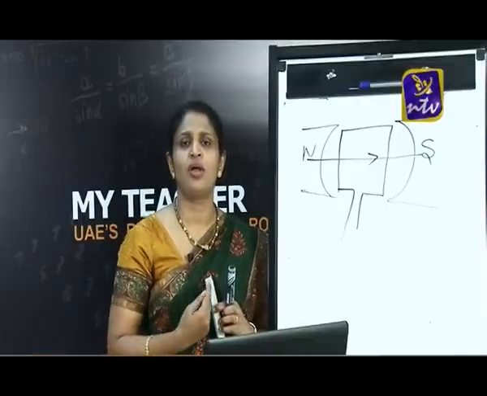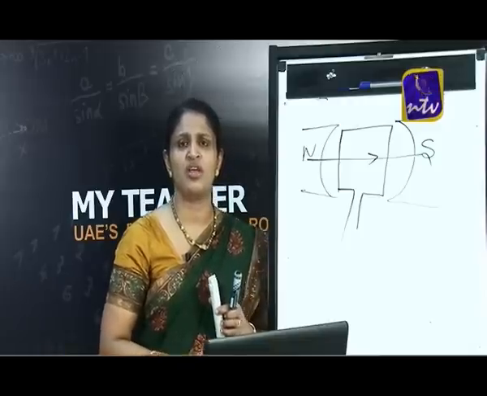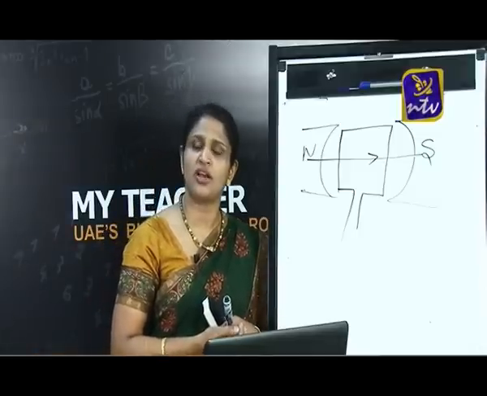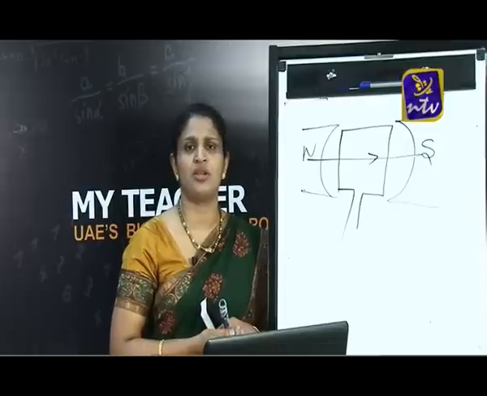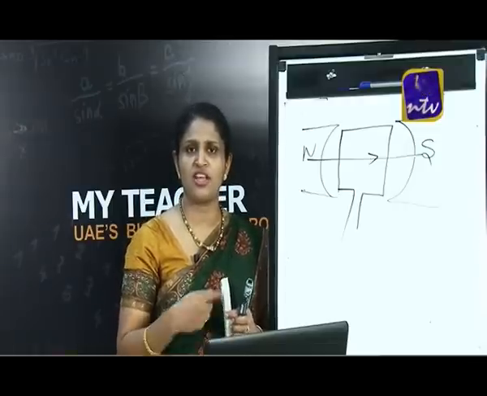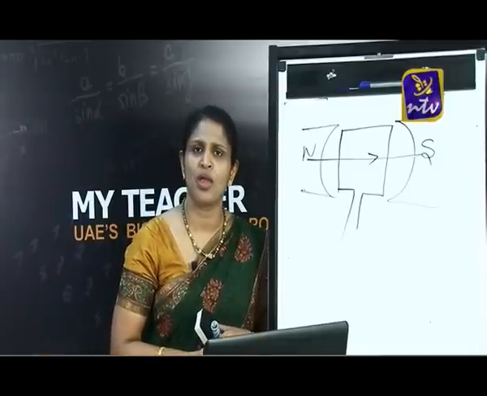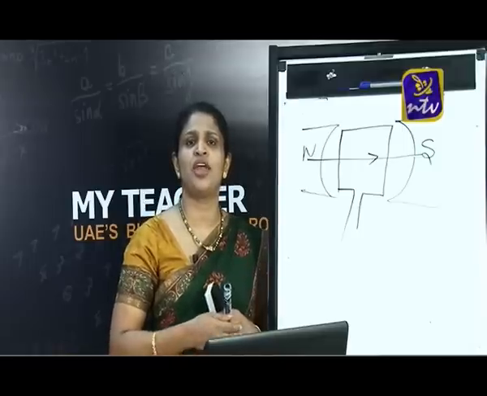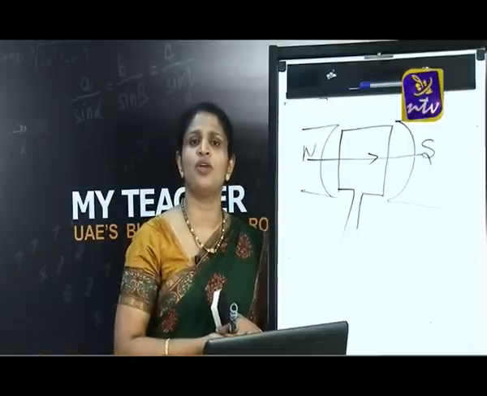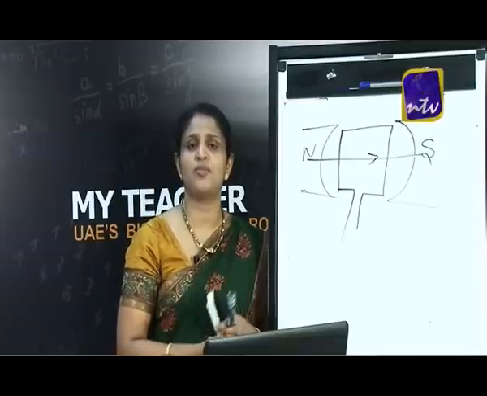This method of inducing current inside a coil by changing the orientation is used in devices like AC generators and DC generators. In a hydroelectric power station, the kinetic energy of the water is used for turning turbines, and these turbines turn the coil of a generator to produce electricity. In a windmill, we use the energy of the wind for turning the coil of a generator to produce electricity. In a thermal power plant, the steam's energy is used.